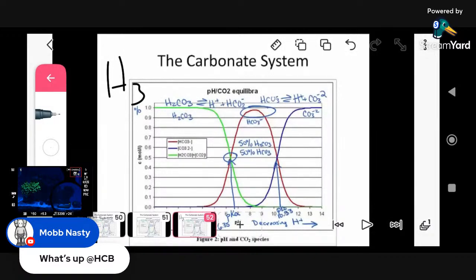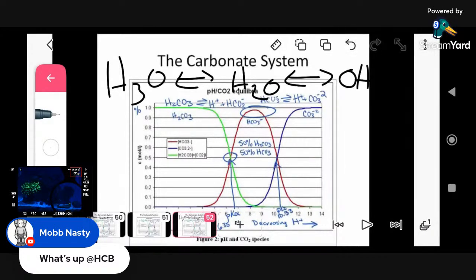H3O in an equilibrium reaction with H2O, in an equilibrium reaction with OH. Remember, guys, I'm just following the chart that's up there, okay? So you see right here, this is a perfect example of a buffer system using water, okay?